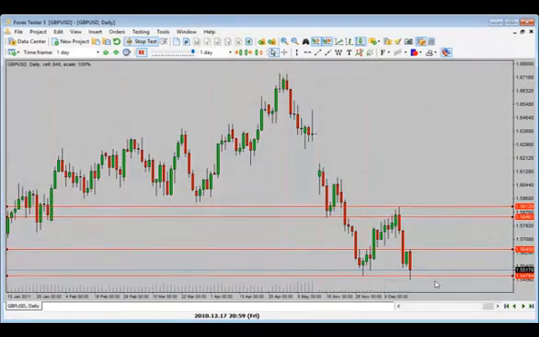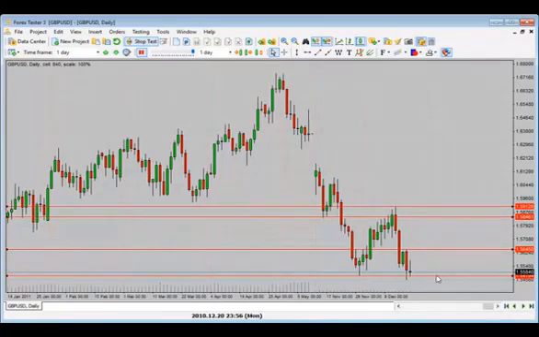That means we can get that pullback. Price could move higher, so I would be cautious. This is where we need to see how price will react in this area. So I will look for price to pull back a bit and then drop again into the low. And if it stays below the low, I will look for a continuation move to the downside. So let's take a look.